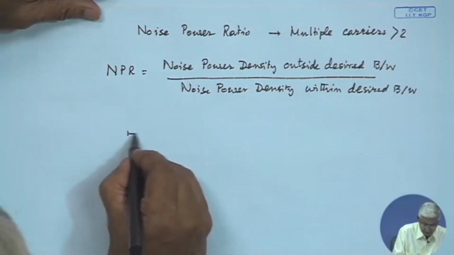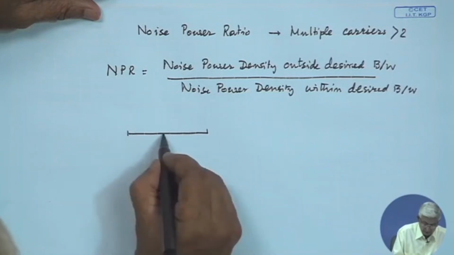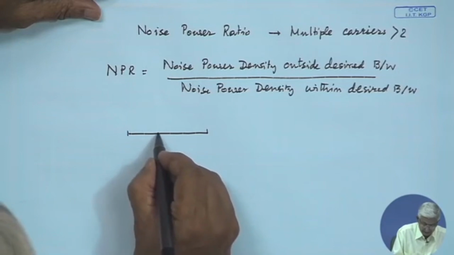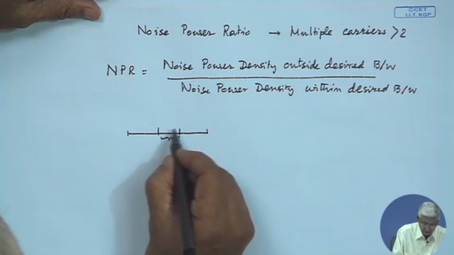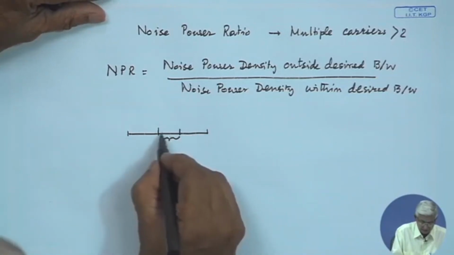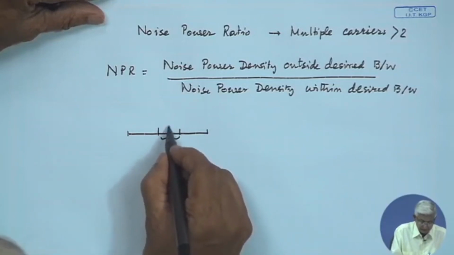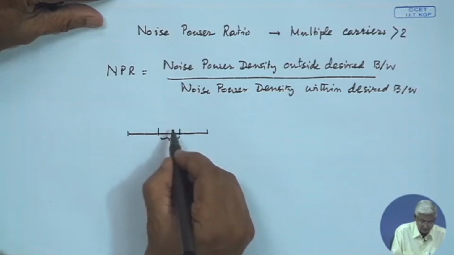Let us say over this band operation is going on, many carriers are placed, and a particular area, in this area we want to see what is the effect of other carriers falling into this. Here is my interest. So, here is my actual operating carrier, on that how much noise is falling over this.